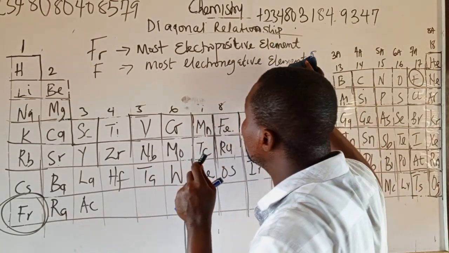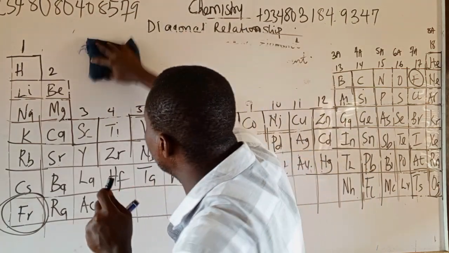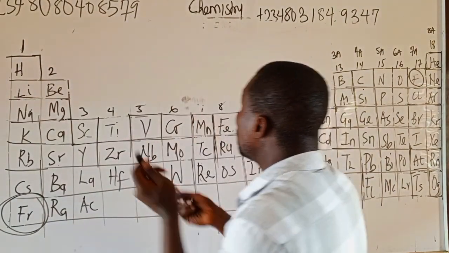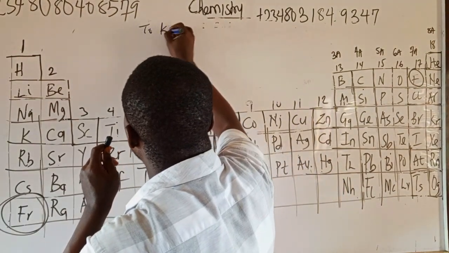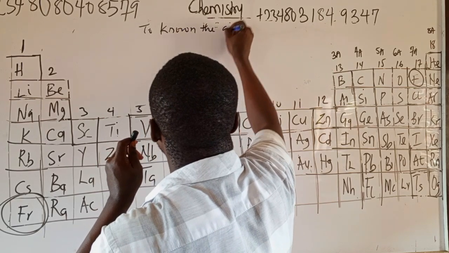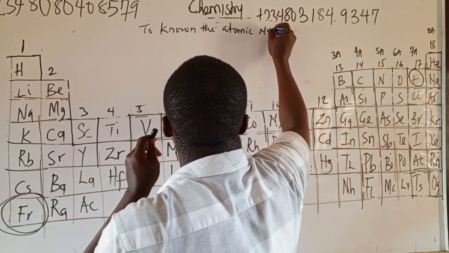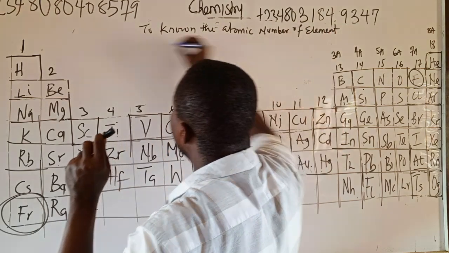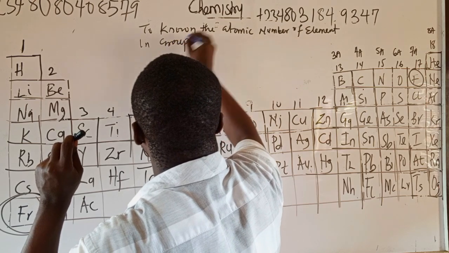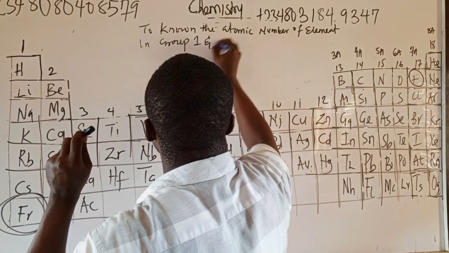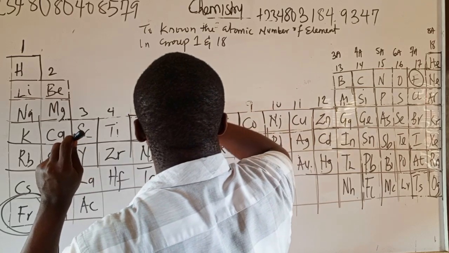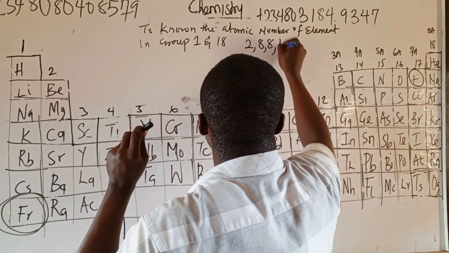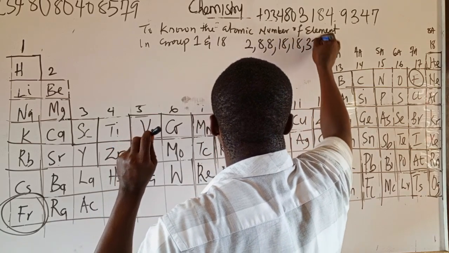Have you written this? Pause the video. To know the atomic number of elements in group 1 and 18, we have a special number for that, which is what? 2, 8, 8, 18, 18, 32.